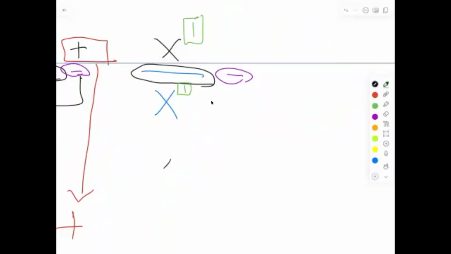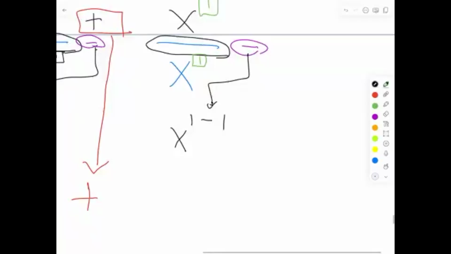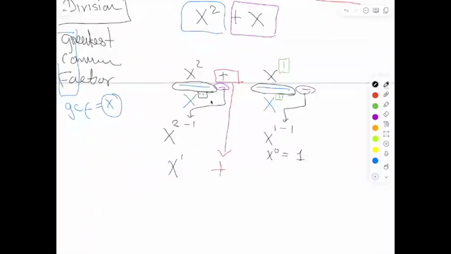So this means it's x to the 1, the 1 in the numerator. There's a subtraction sign here. And there's another 1 here, right? So what is 1 minus 1? 0. What is anything to the 0 power? 1. Exactly. This is going to give me 1. Since that's going to give me 1, I'm going to put that 1 here.